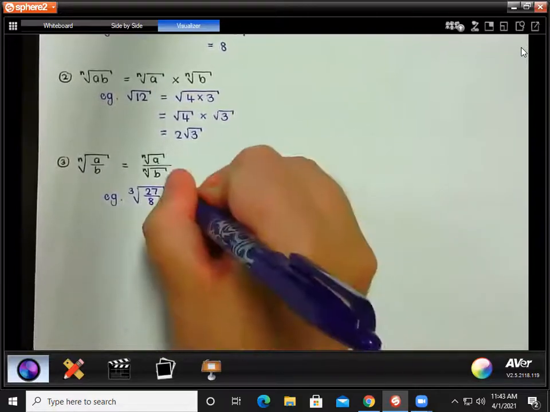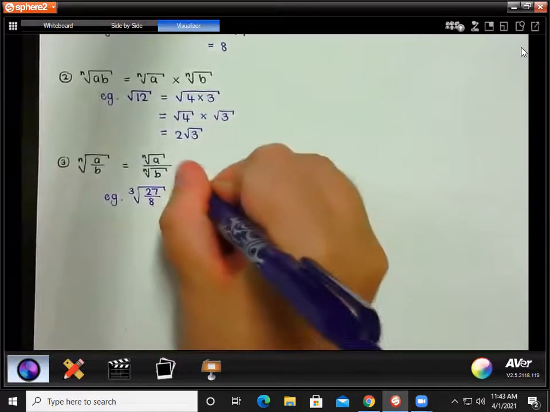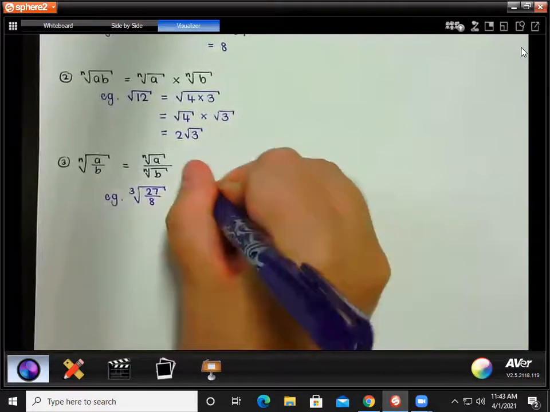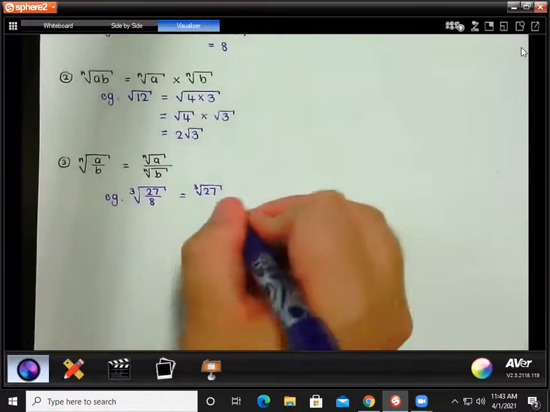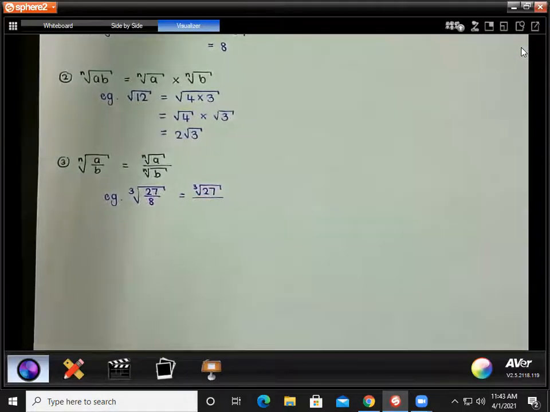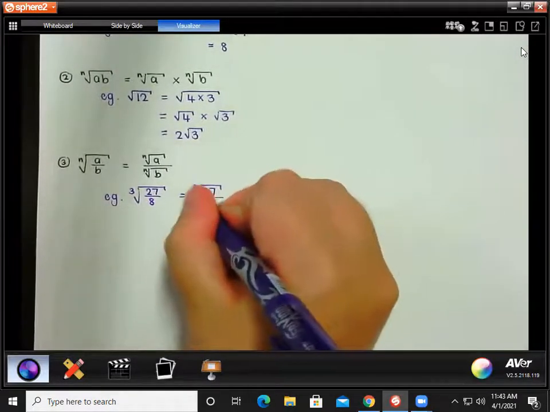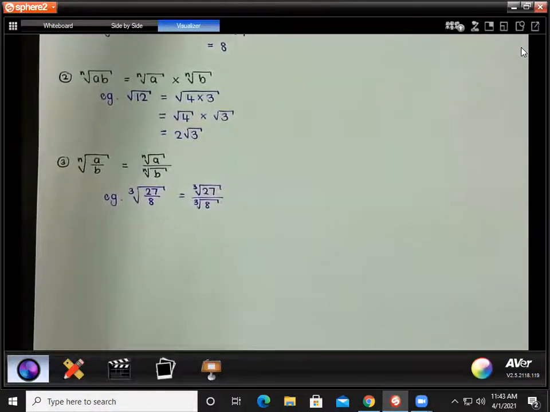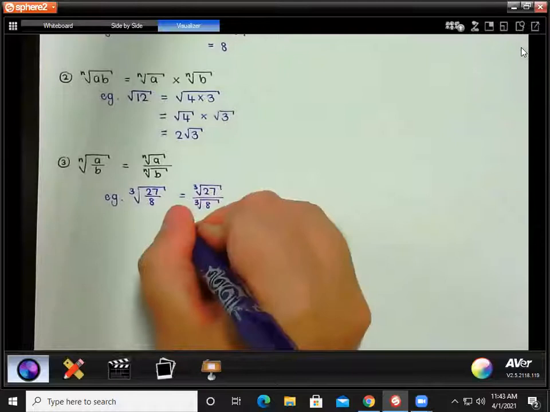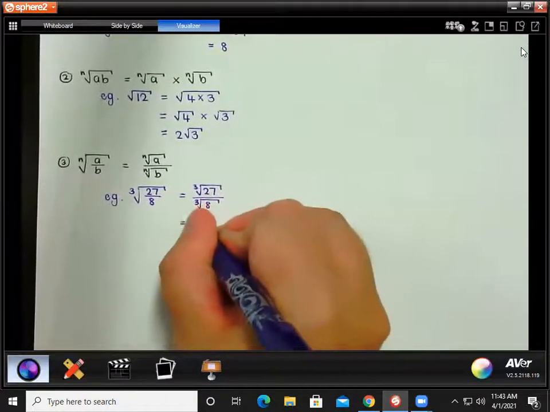So you could simplify this by taking the cube root of the numerator, which we all know is what? What's the cube root of 27 is 3, hey? And then we can put that over the cube root of the denominator. So this is then 3 over 2.